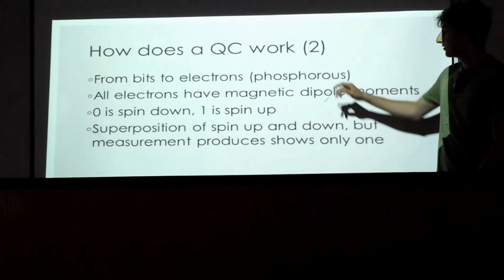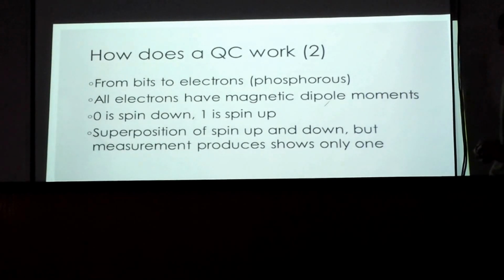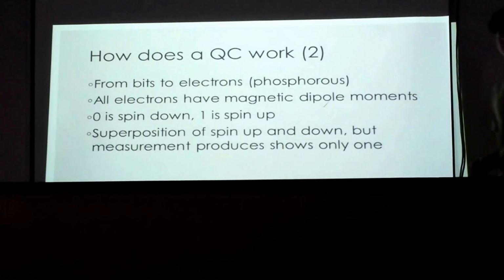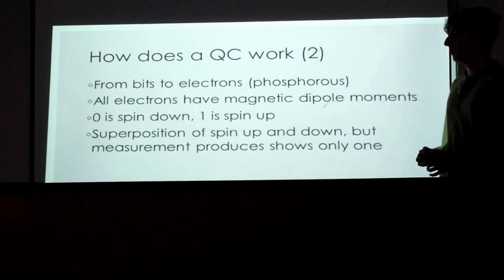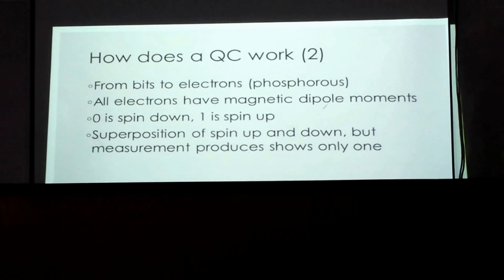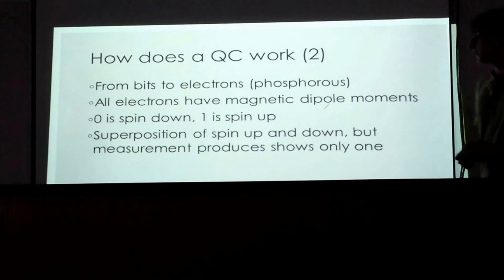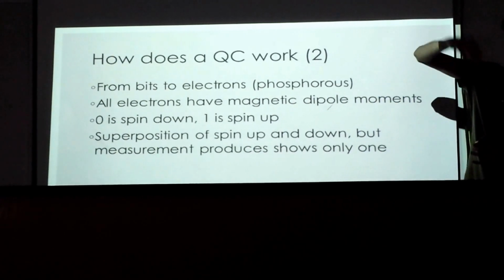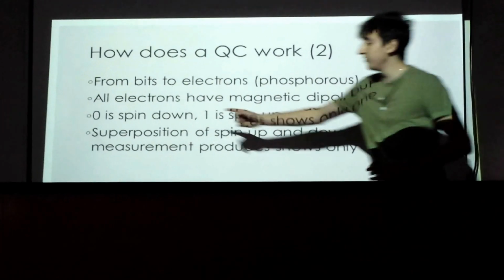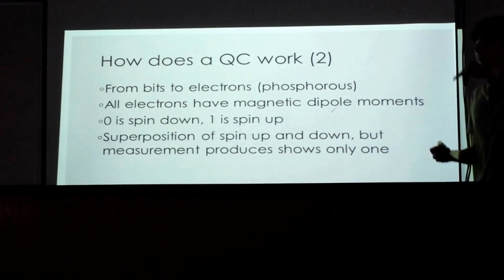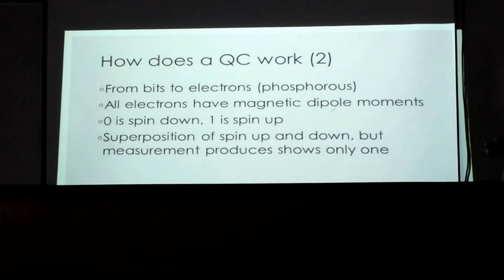When we put this phosphorus inside our system and apply a magnetic field, usually from a superconductor, the atom is normally in spin down, which means it's in the 0 state, because you need some energy to go to spin up.